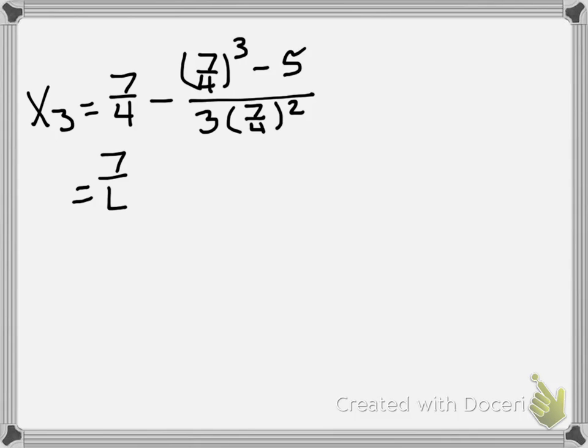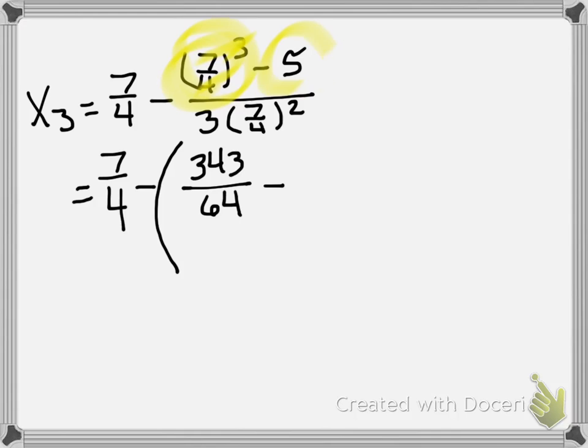7 over 4 minus, okay, our 7 cubed is going to be 343 over 4 cubed, and that is going to be 64, minus, we're going to have a fraction and a whole number, so we need to get a common denominator.